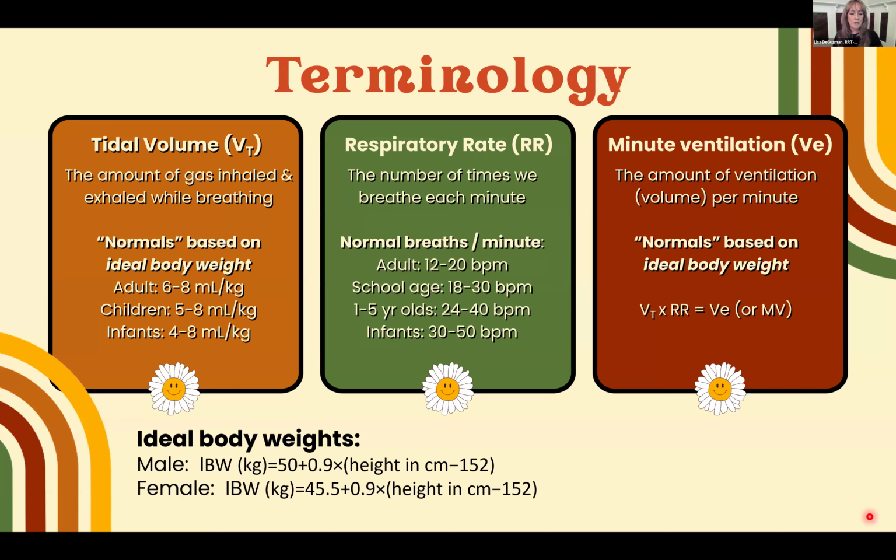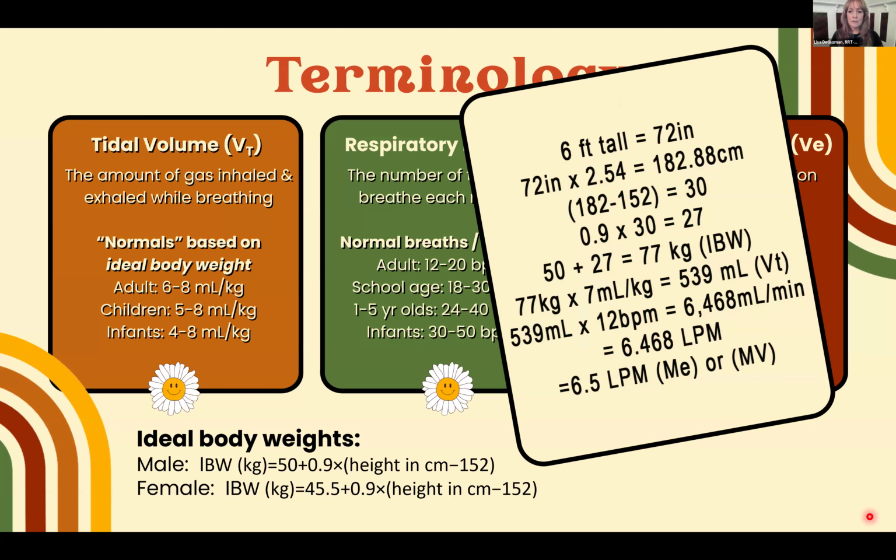So by using this formula, you take your height, which is in the parentheses, subtract 152 from it. Your next math function would be to multiply it times the 0.9 and then add it to 50. So we did a little sample here. So I took a 6-foot tall male patient, 72 inches, and converted that to centimeters, 182.88.